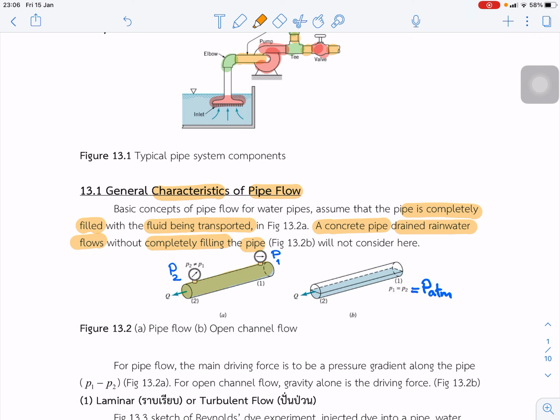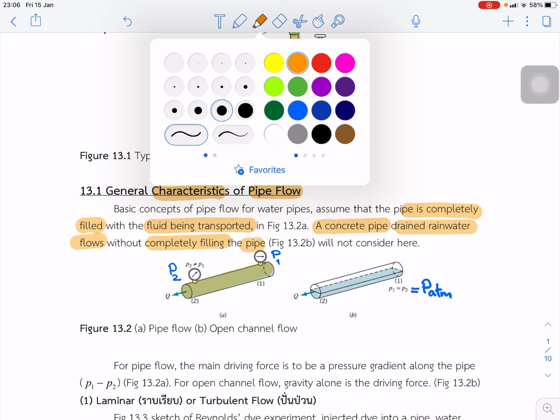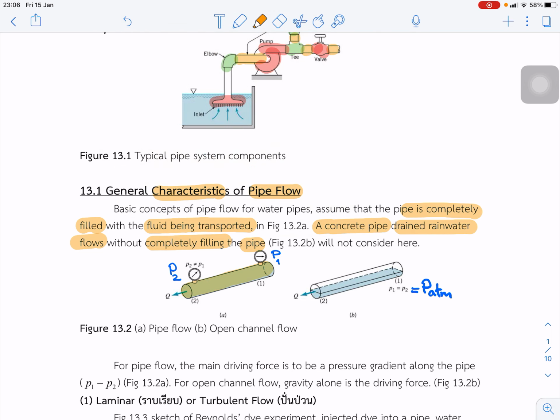In this figure, you can see that there is only some part of the fluid, so it does not completely fill the pipe.